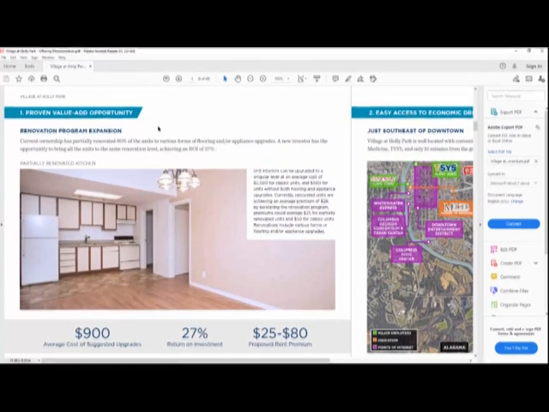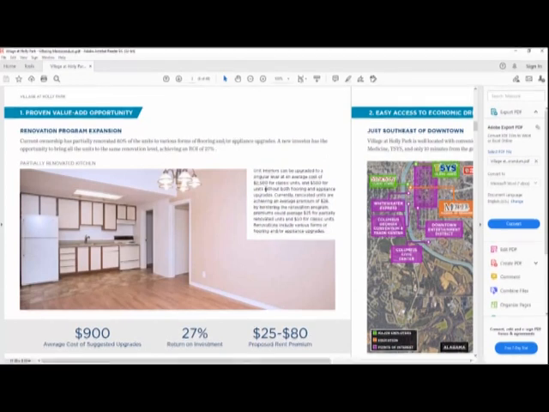Read through the document they give you, and it'll give you questions. $900 suggested upgrade, and you can get a $25 to $80 bump in rent. What specifically am I doing for $900, or have they done for $900, that's giving me that bump? Those are the kind of questions.